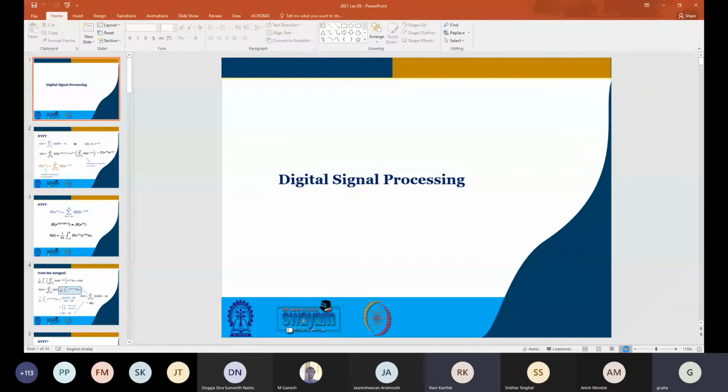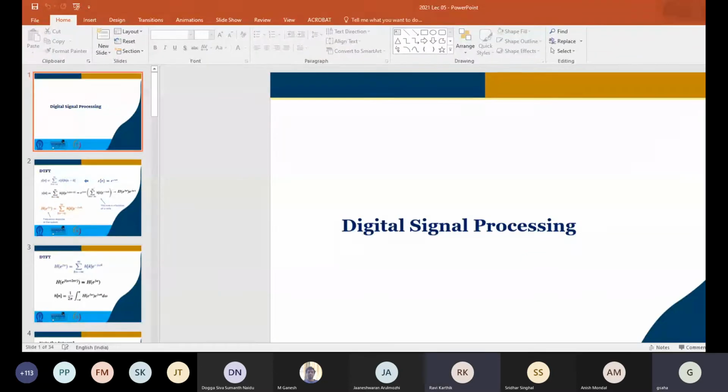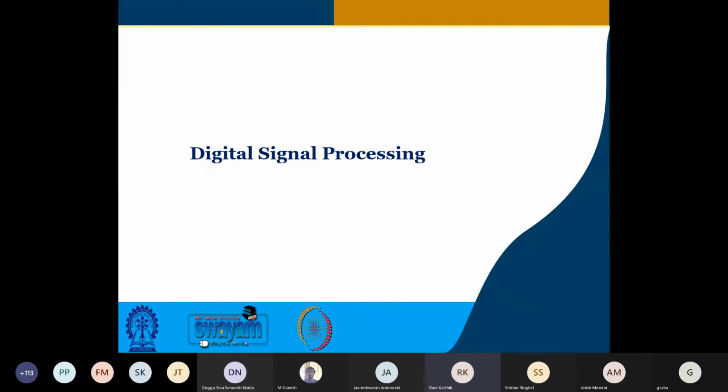Sir, I have a question regarding the previous one actually. Yes, please. Is there any reason for choosing M2 plus 1? We could have simply chosen M2, right? We have chosen one extra sample as delay as well as attenuation. No, there is no such thing as such, but later on you'll see, if possible today itself. We shall continue with this notation.